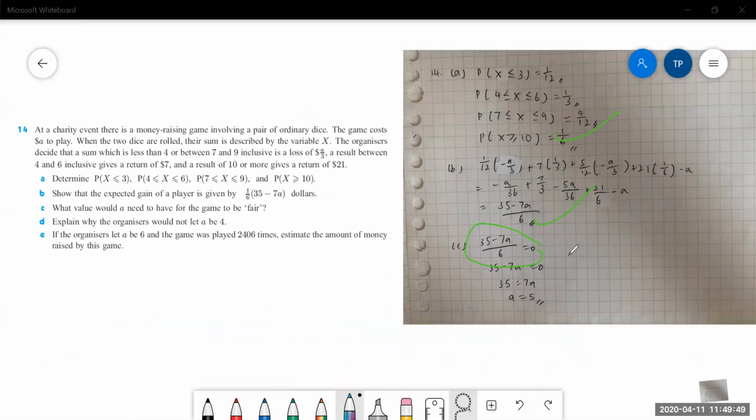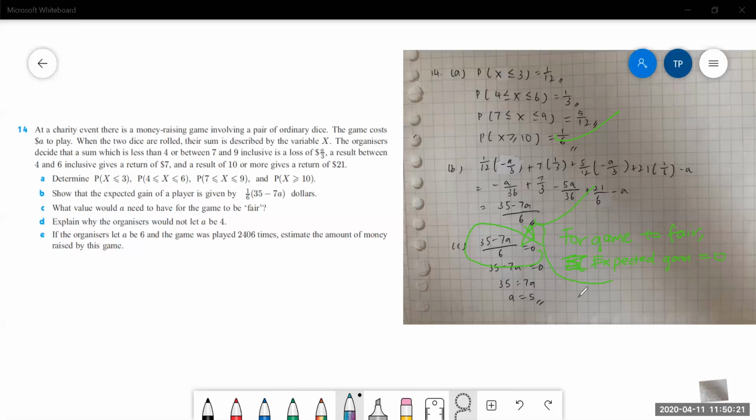It will be very good if you can write out, for the game to be fair, the expected gain should be equal to 0. Then from here, you can carry on with this.